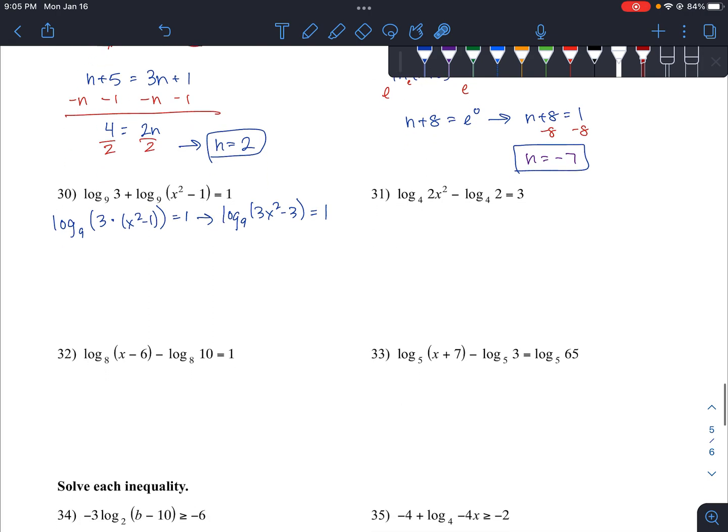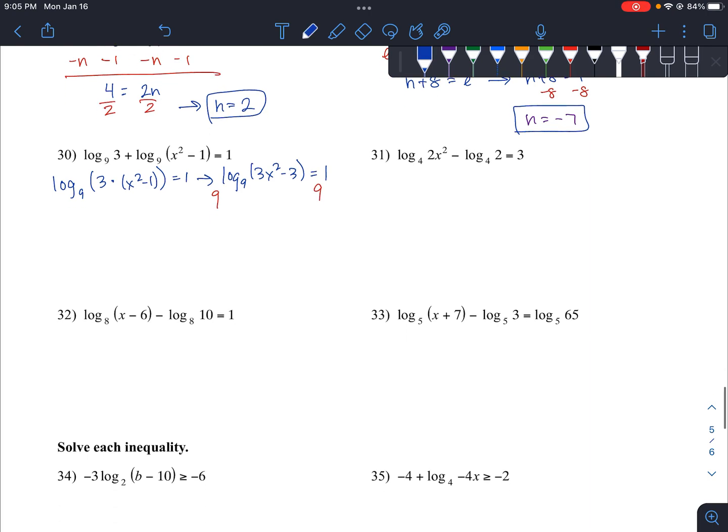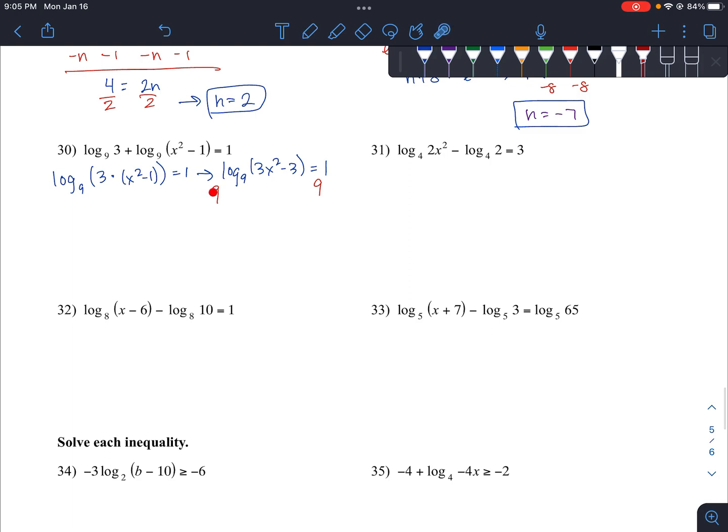So in order to get rid of the logarithm, I have to exponentiate. So in this case, I have to exponentiate with a base of 9. So this base 9 and log base 9 would cancel, and I'll be left with 3x squared minus 3 equal to 9 to the first power, which would be 9.